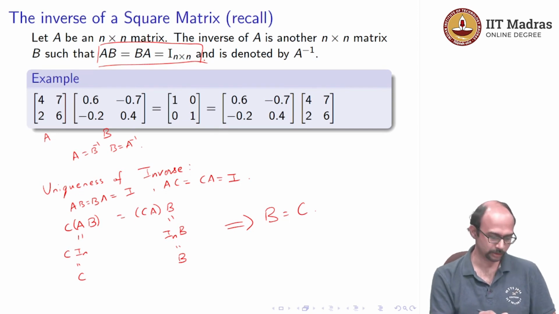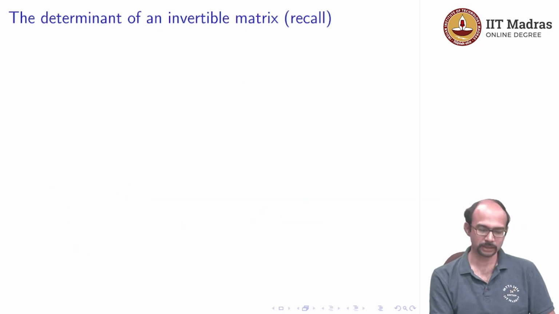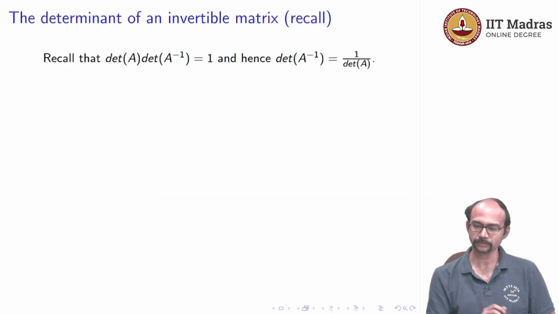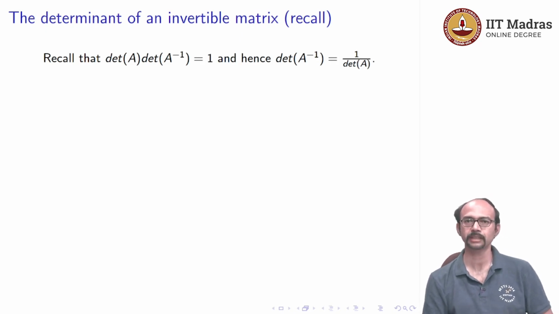As we saw, there was a condition for it to exist, namely the determinant must be non-zero. How did that come about? That was because we saw that the determinant is multiplicative, meaning determinant of A times B is determinant of A times determinant of B. So, if you take determinant of A times A inverse, that is determinant of the identity, which is 1.